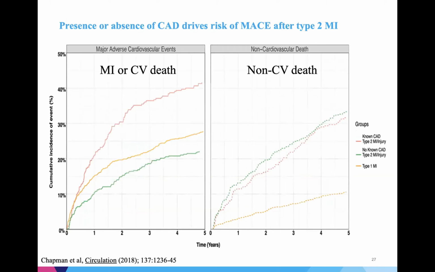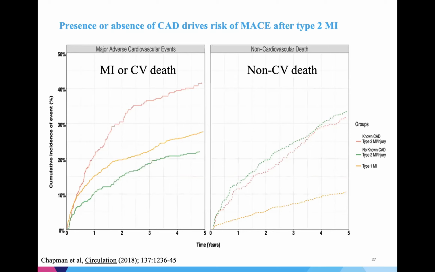When you look at the specific risk of cardiovascular events in these individuals, again, there's a very, very high risk of future cardiovascular events in these patients. Now, whether or not you have coronary artery disease tends to dictate the likelihood of future cardiac events.